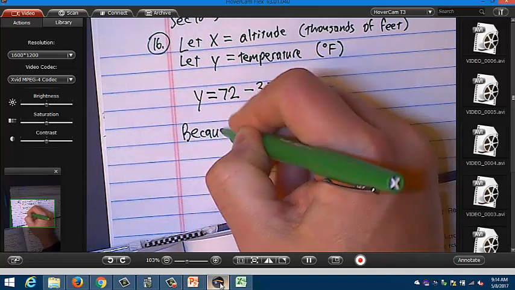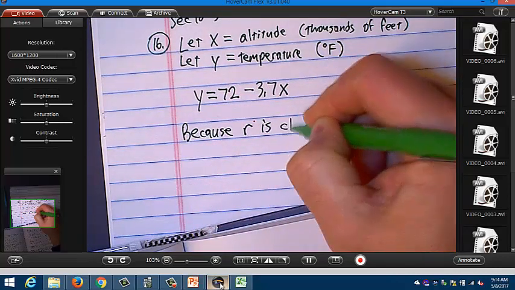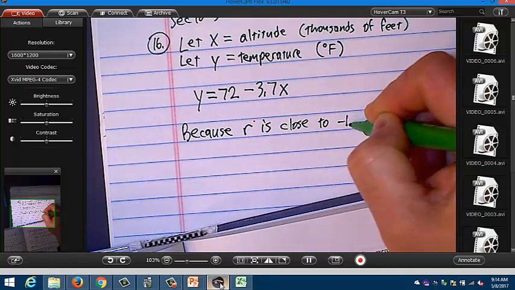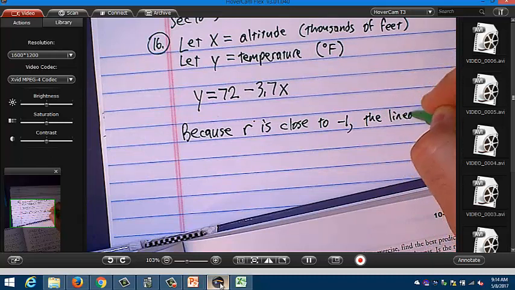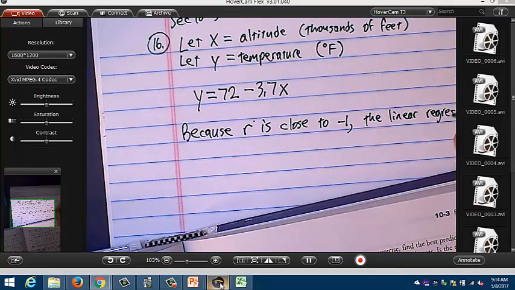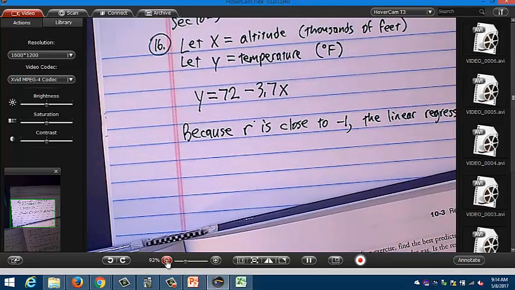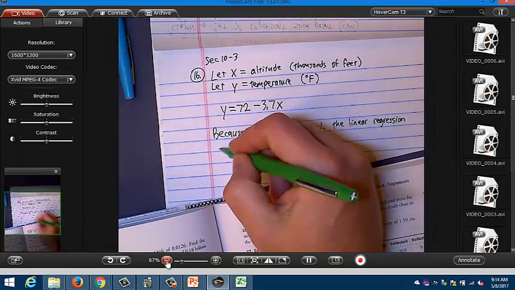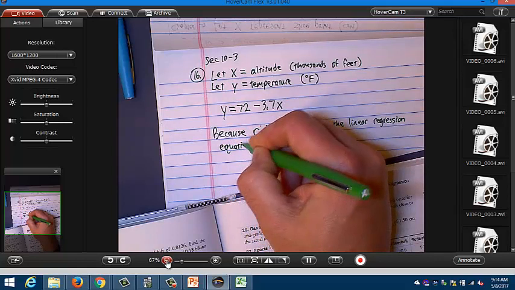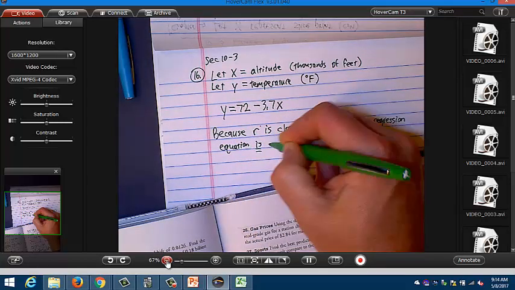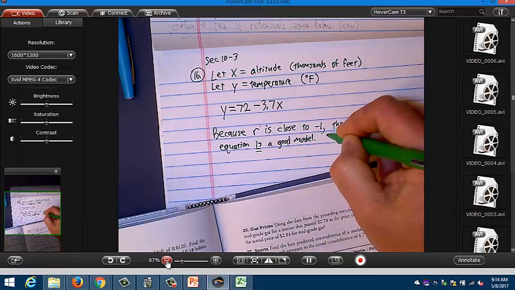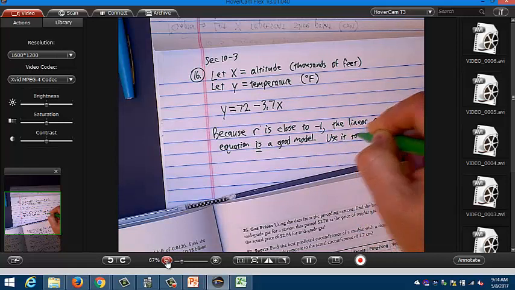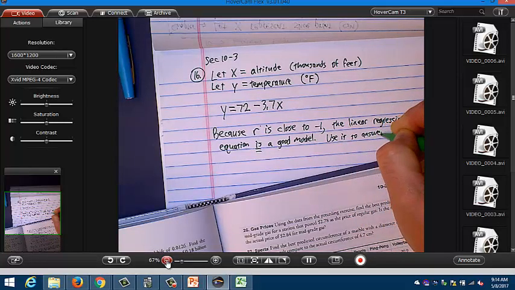Because R is close to -1, the linear model, the linear regression equation, I've got to zoom out just a little bit here, is a good model. So I will use it to answer the question.